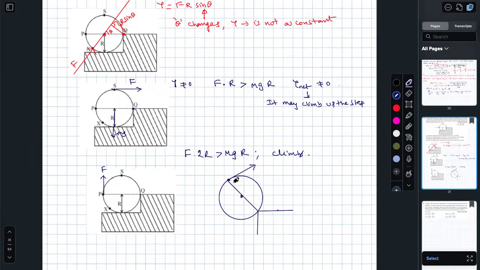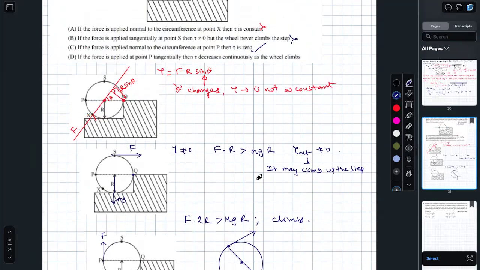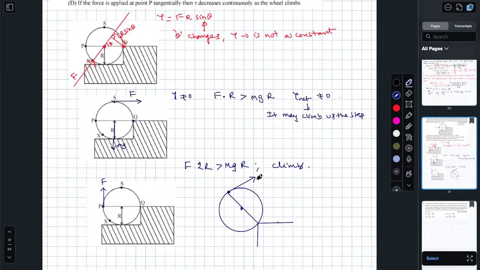Then what happened? Torque is constant. So why will it decrease? If the force is applied at point P tangentially, then tau decreases continuously as the wheel climbs. So as per one observation, the torque is constant.